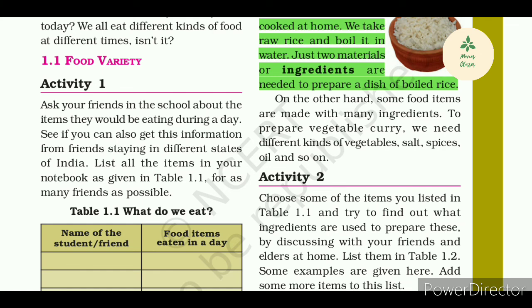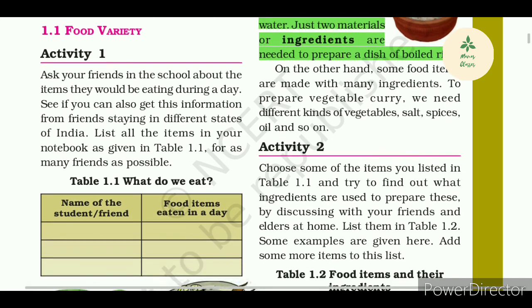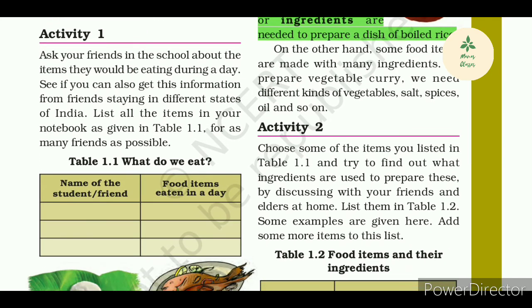Why is there variety in food? Because we need many nutrients and proteins, and we are not able to get them from one food. So we have to eat different kinds of food. Look at the table given to you, table 1.1, What do we eat?